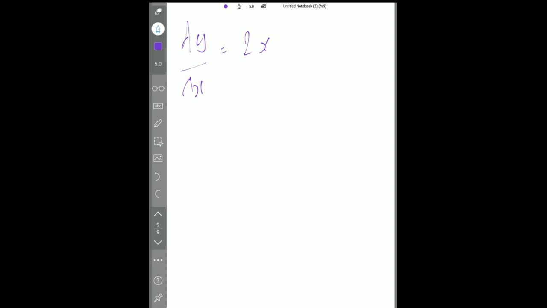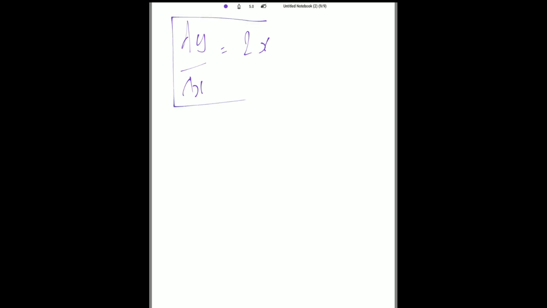So dy by dx, we could say, is equal to 2x. So what we're expected to do is to find out what expression or what equation is differentiated to give us this equation right here.